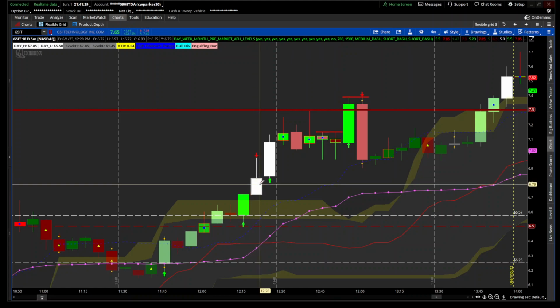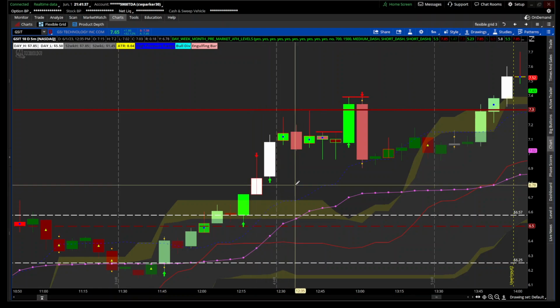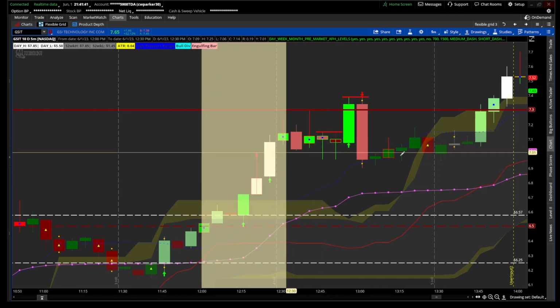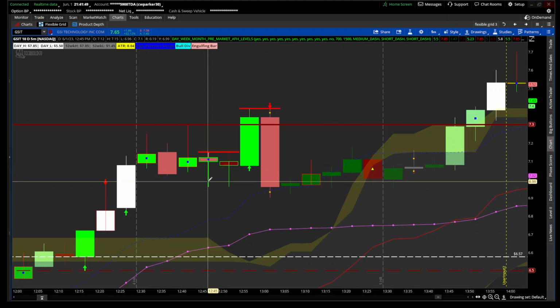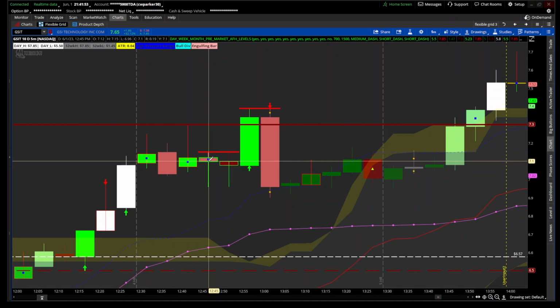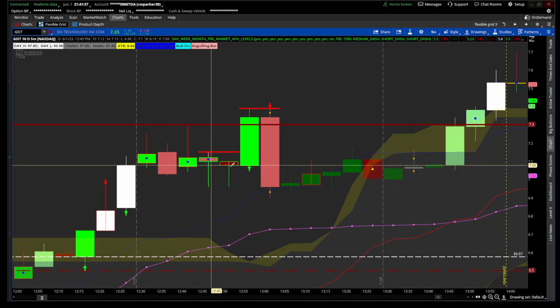So I would look at that as a bearish candle, even though it's white, showing it's bullish. And the same indication with these two red candles right here, they're wrapped in green, showing a buying imbalance, where the candle closed higher than half of the candle. That's why I call it a buying imbalance.